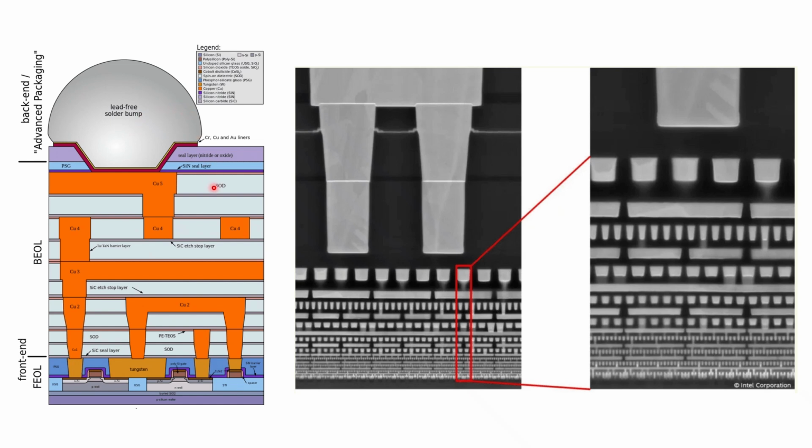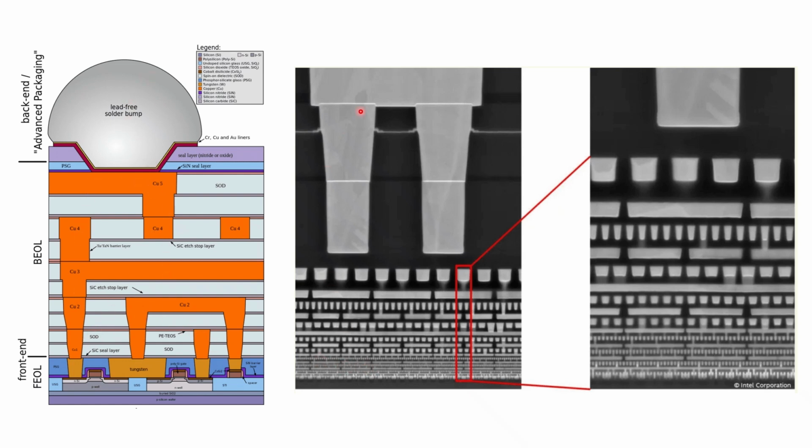This is a schematic diagram of different layers of circuits. And because the MOS transistors are so densely packed, one needs to fan out the connections through many layers of metal interconnects.